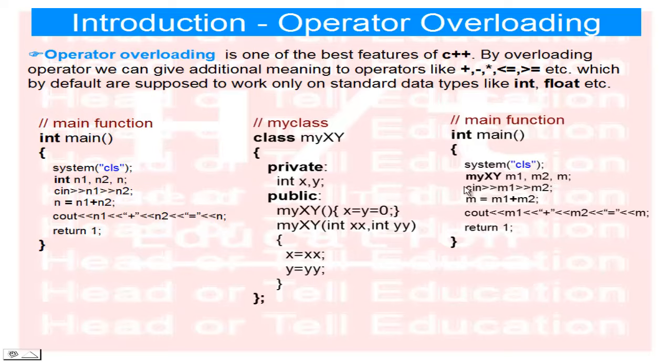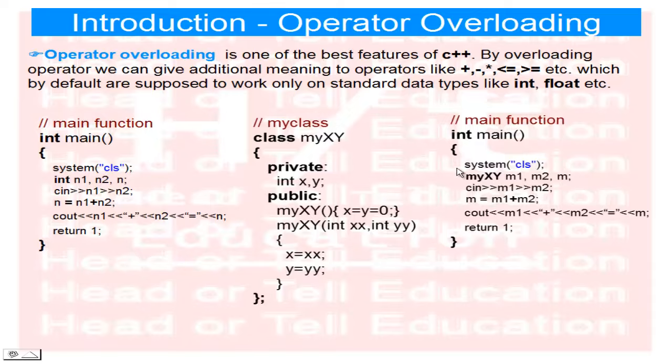I want to read directly from the keyboard using the extraction operator, cin m1 m2, so m equal to m1 plus m2. Now to print the result, like with standard data types, cout m1 plus m2, result is m, and return 1.